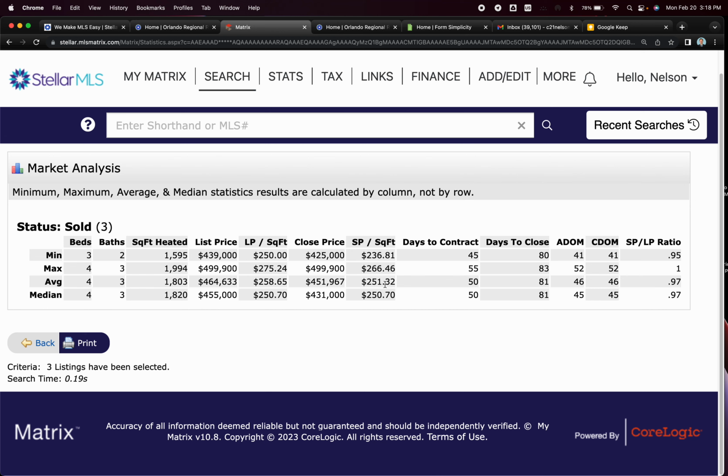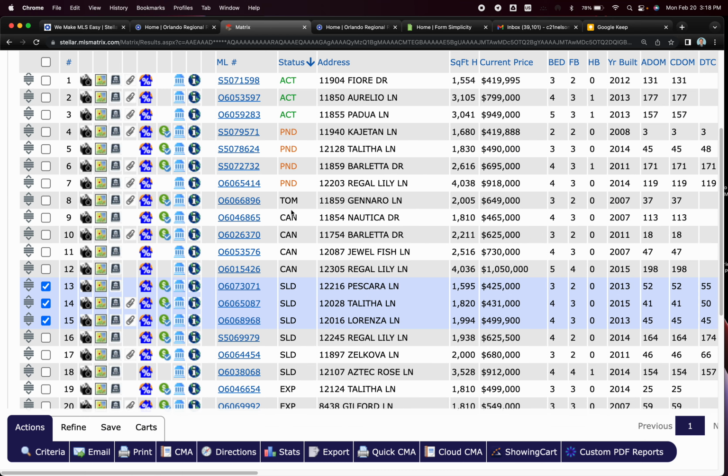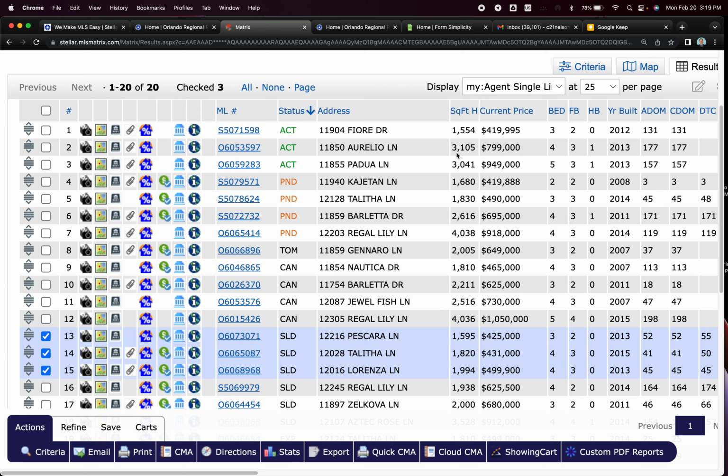So remember that sale price per square footage, 251. So what you do is you remember 251. Let's go back here. 251, and we're evaluating this one that has 1554 square feet.